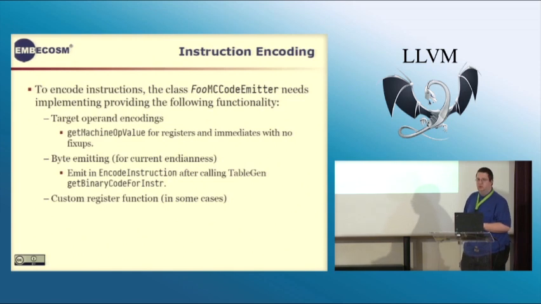And, say you have an 11-bit field for immediates, you truncate that value yourself.